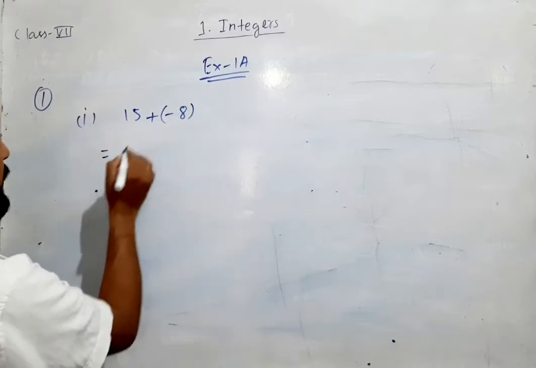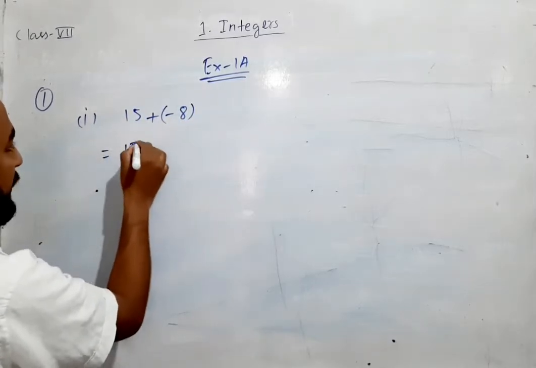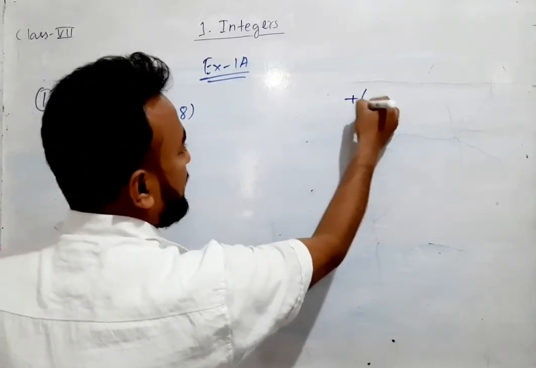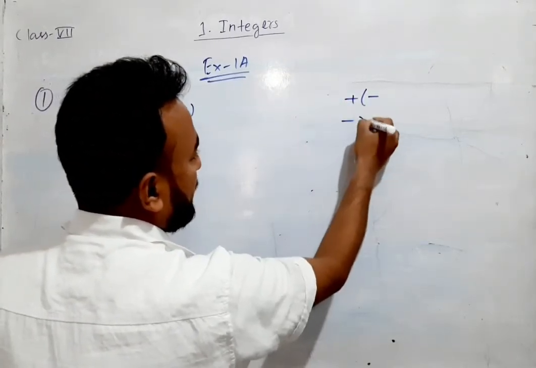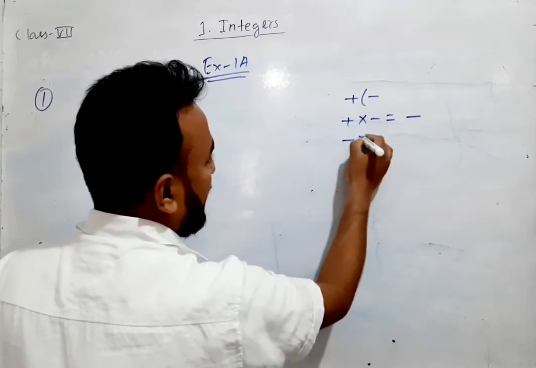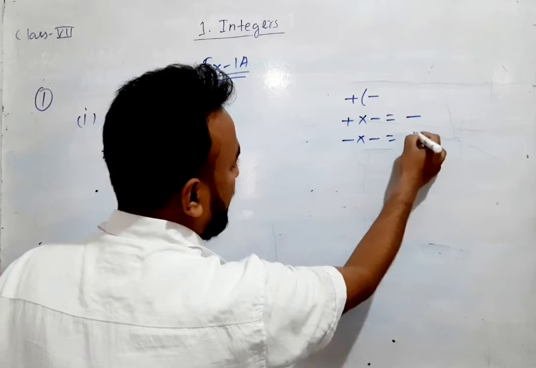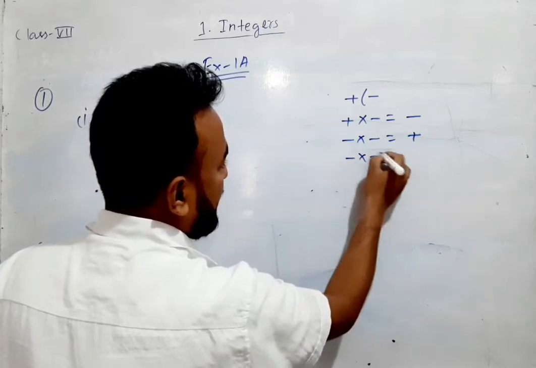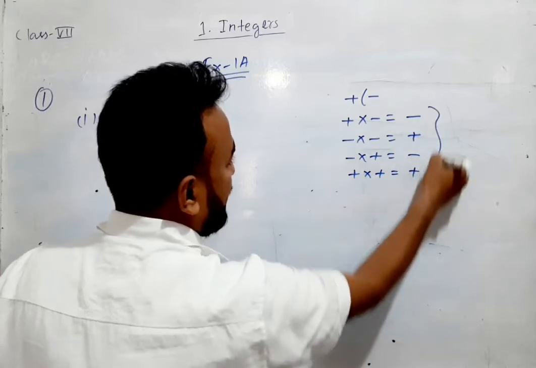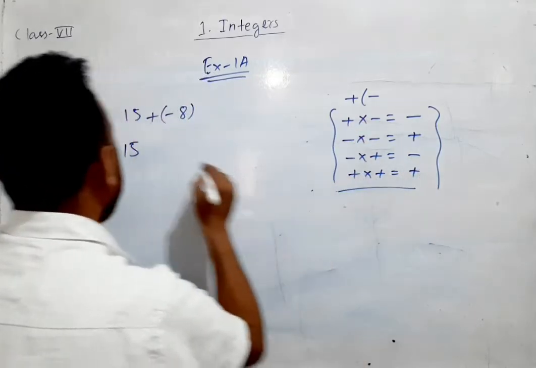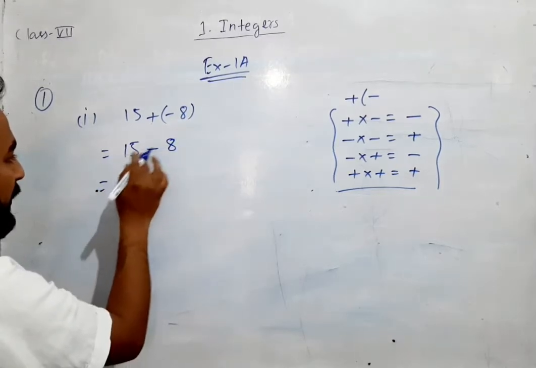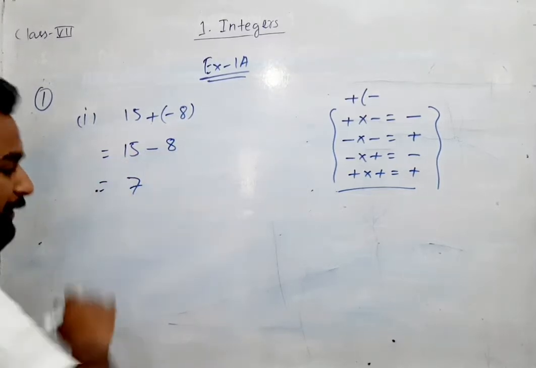Write 15 the same, and here plus into minus. Minus into minus gives plus, minus into plus gives minus, and plus into plus gives plus. So you have to use this property. Plus into minus is minus 8. 15 minus 8 is 7, which is the required answer.